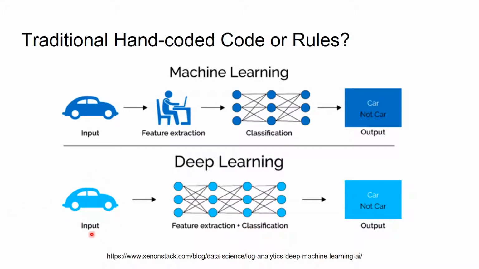If you put a lot of car pictures into the computer, and all the cars are blue, maybe you will get a feature that the car is blue. And then if you give it a red car, it will say it is not a car, until it has a lot of data showing that cars have many colors.